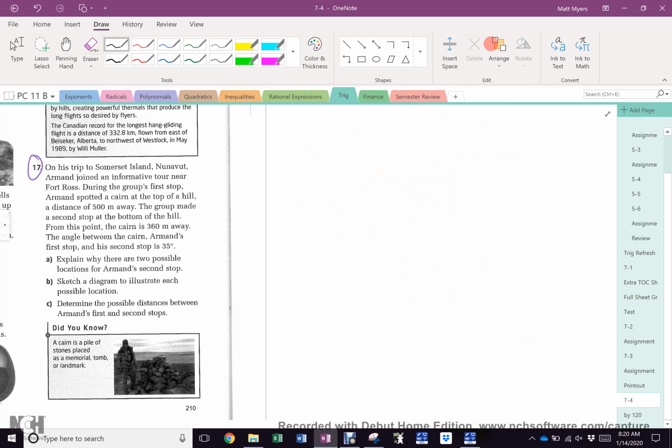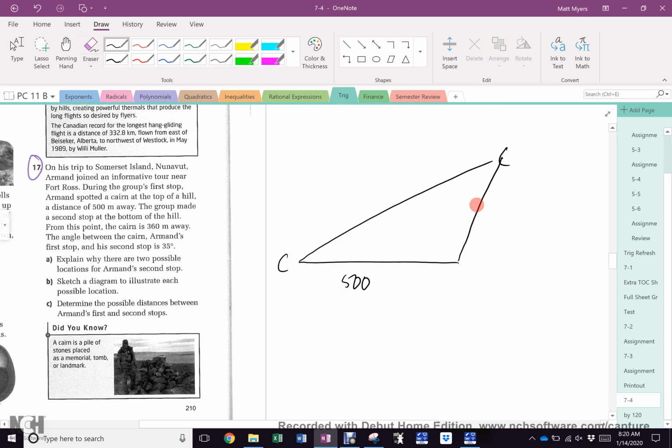During the group's first stop, he spotted the cairn at the top of a hill, a distance of 500 meters away. So maybe you put the 500 here. There's the cairn. And then here, it's 360.